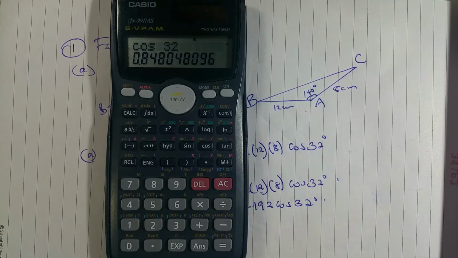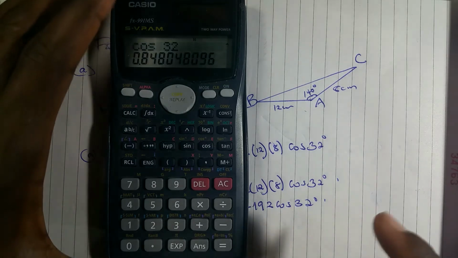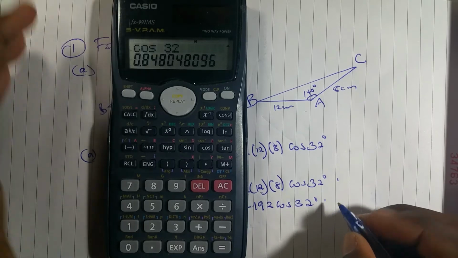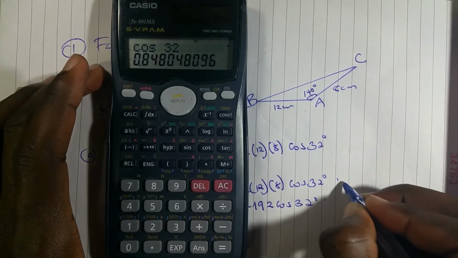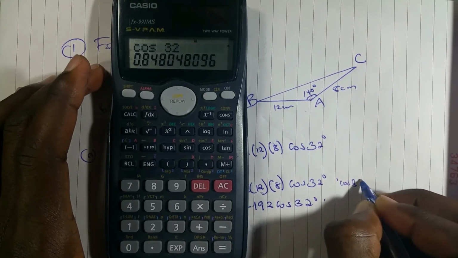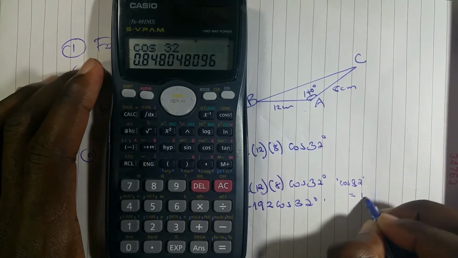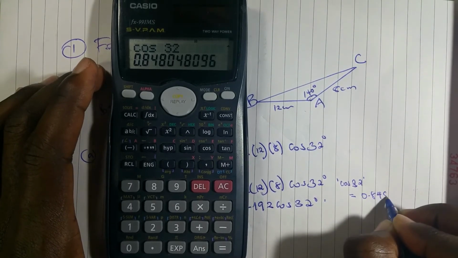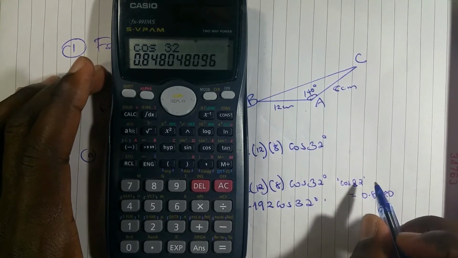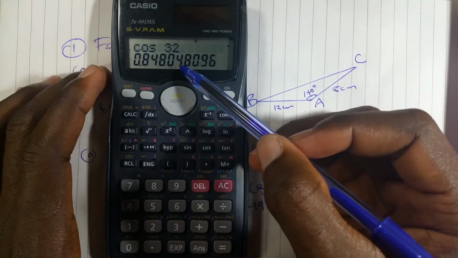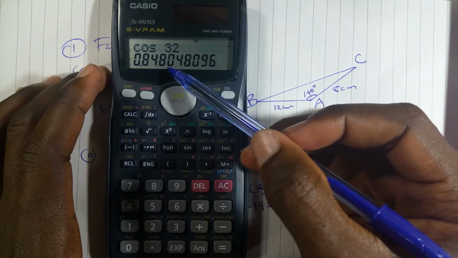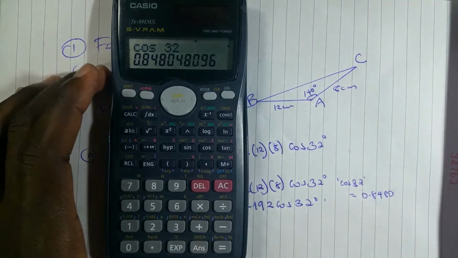So cos of 32 is going to be 0.8480 to 4 decimal places, because realize here our next value is 4, which is less than 5. So even if you round to 4 decimal places, it's going to remain 80.